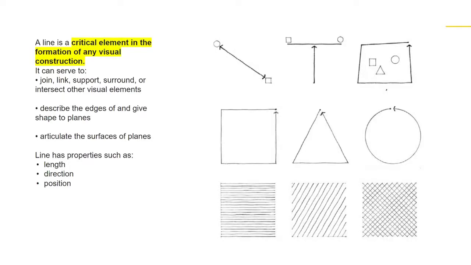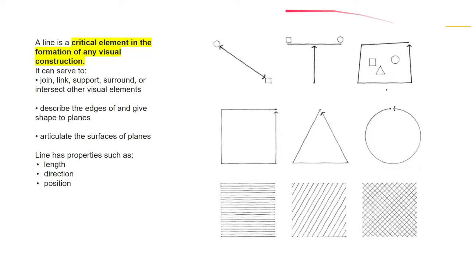So a line is a critical element in the formation of any visual construction. It can serve to join, link, support, surround, or intersect other visual elements. It describes the edges of and gives shape to planes and articulates the surfaces of planes. Lines have properties such as length, direction, and position.